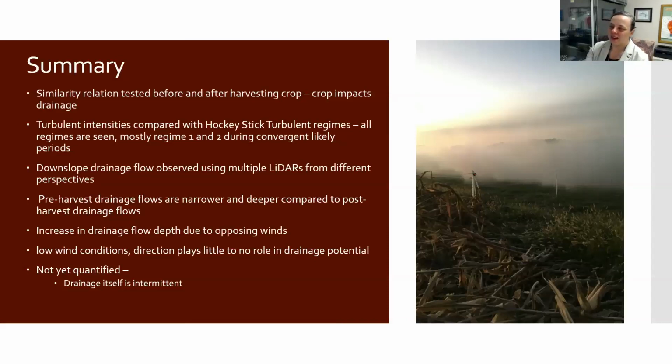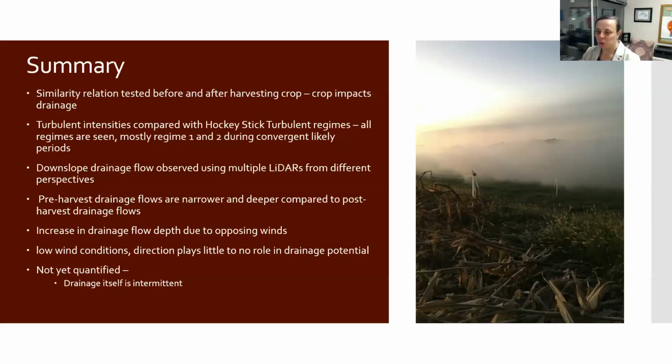We've tested the similarity relations before and after harvesting the crop, and the crop definitely impacts the drainage. When we compare with the hockey stick turbulent regimes, we see all the regimes in the data set. So far, digging in, what we're looking at now is comparing those flagged conditions that we consider convergent likely with what turbulence regime we see.